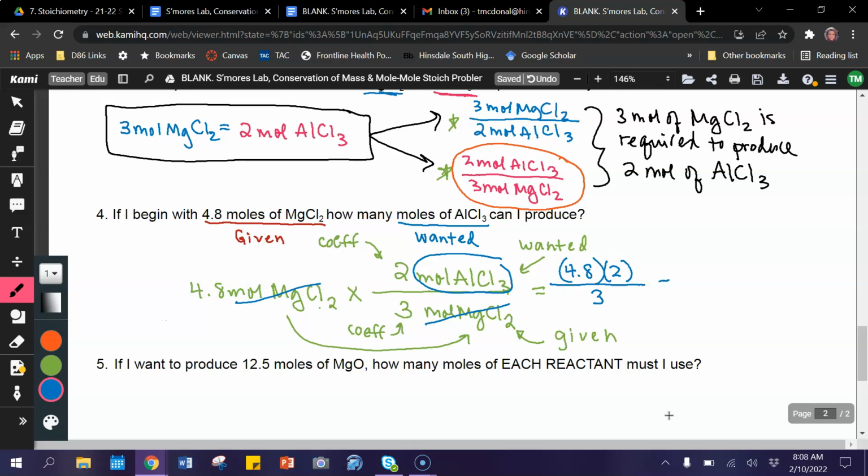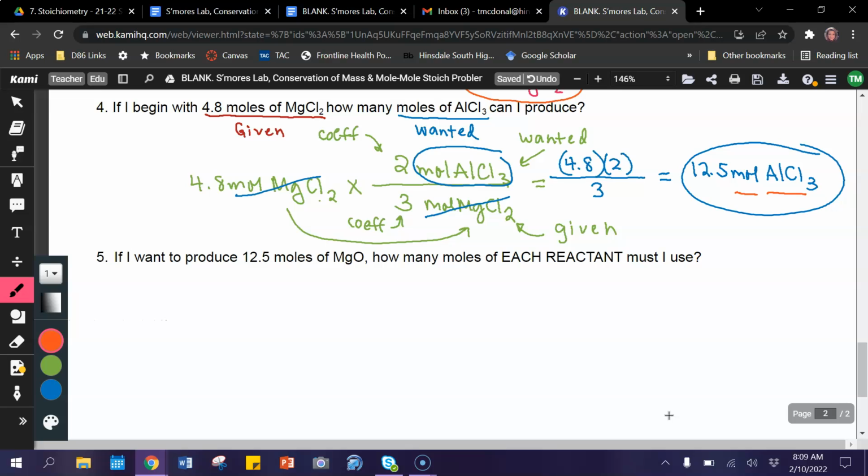And when you do that, you should get the answer, 12.5 moles of AlCl3, and then put a circle around it. Now remember, in order to get full credit on your quiz, you have to include the units, moles and compound.